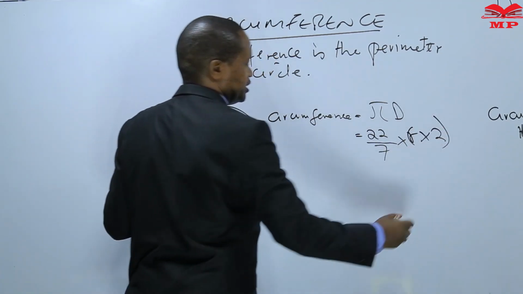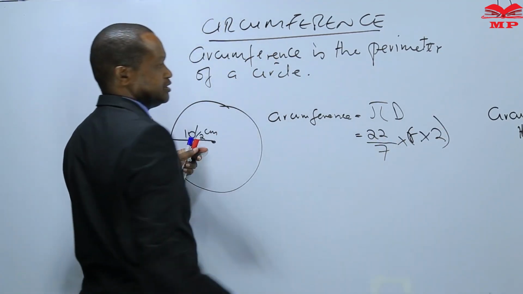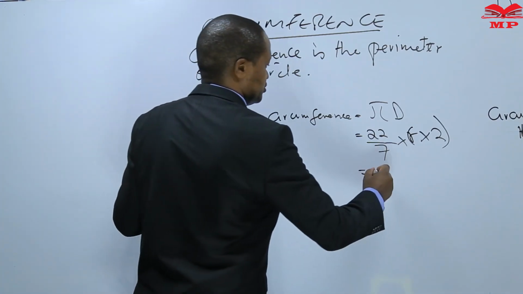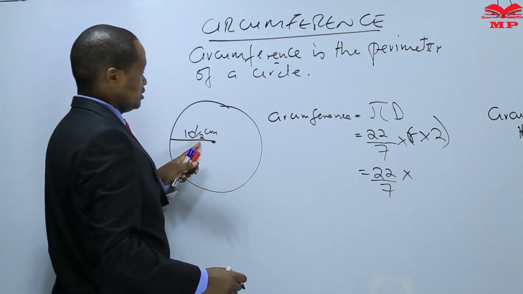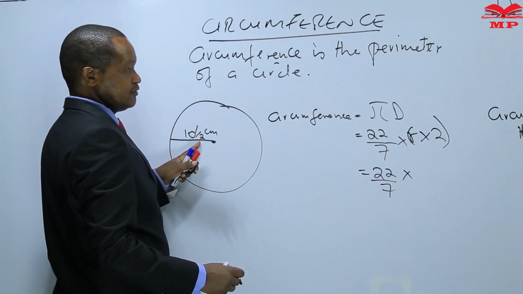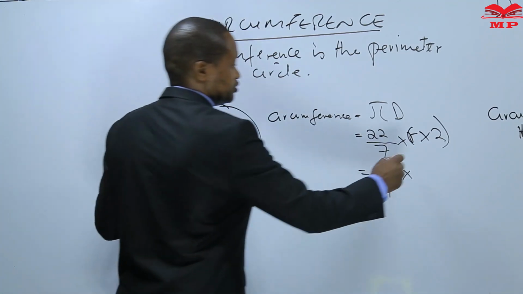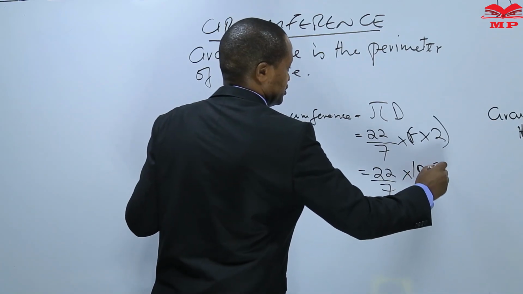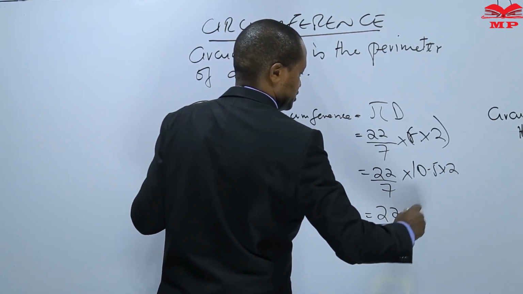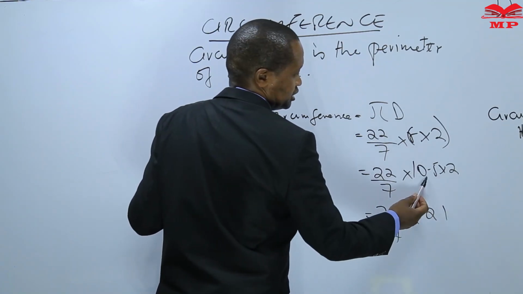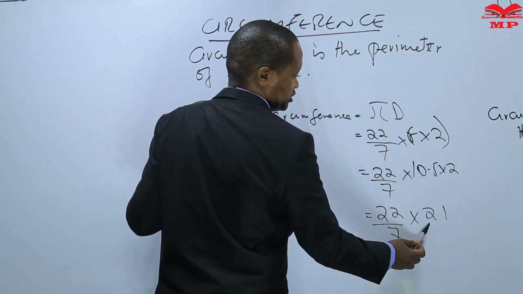This will give us the diameter. We know the radius is 10.5. So 10.5 times 2 is 21. This will be equal to 22 over 7 times 21.